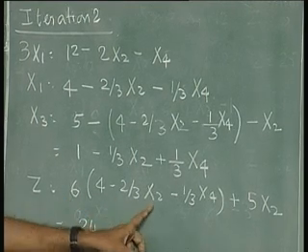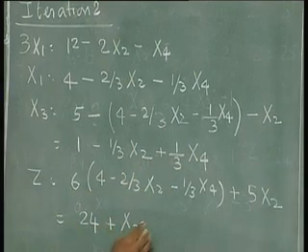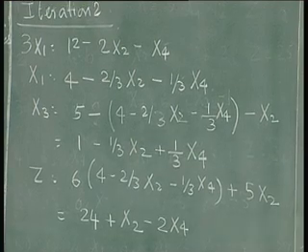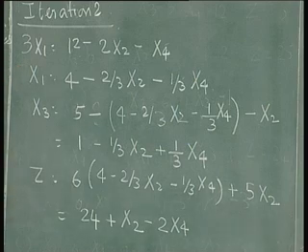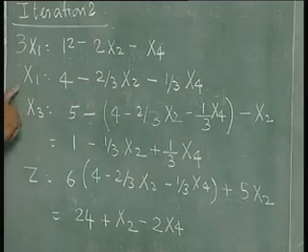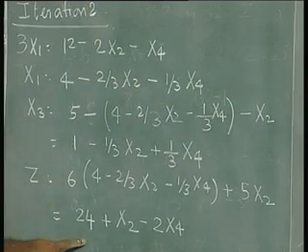This is minus 4x2 plus 5x2 is plus x2 minus 2x4. Now we have another iteration where x1 and x3 are basic, x2 and x4 are non-basic. The solution is given by substituting x2 equal to x4 equal to 0, getting x1 equal to 4, x3 equal to 5, z equal to 24.